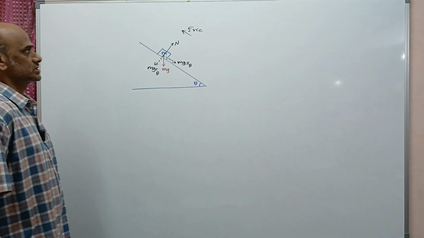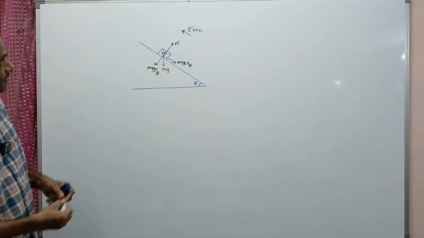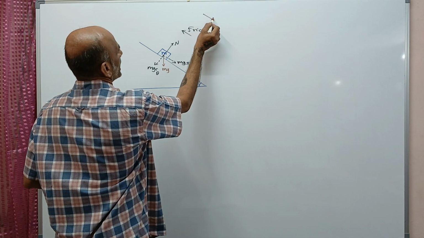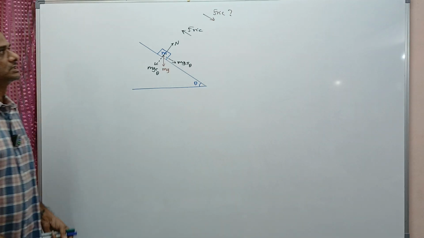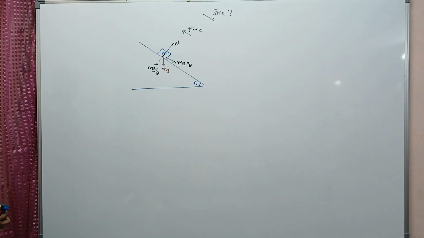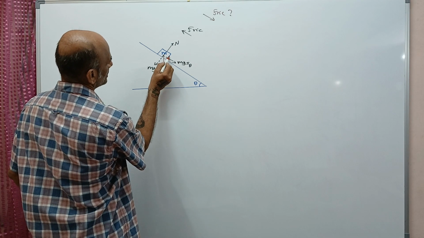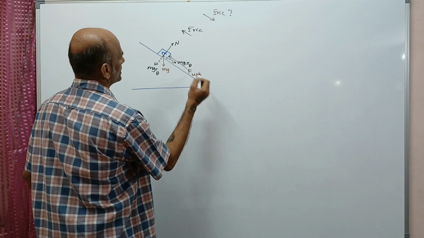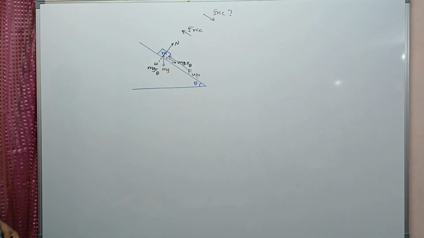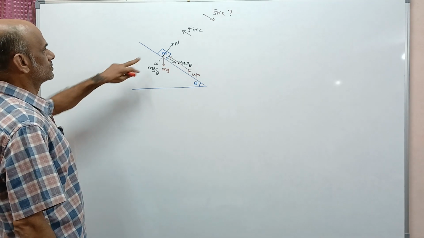Now the question is: is it possible for the direction of the friction force to be reversed? Can the friction force act along this direction? If I apply an external force on this block in the upward direction, and if this upward force is of sufficient magnitude, there will be a net force acting upward.